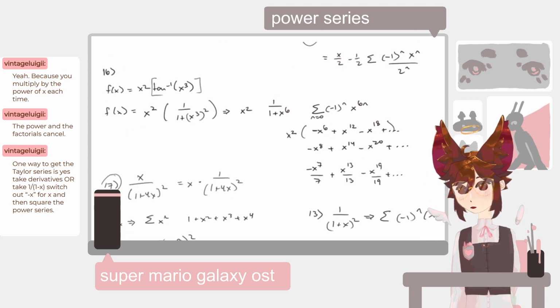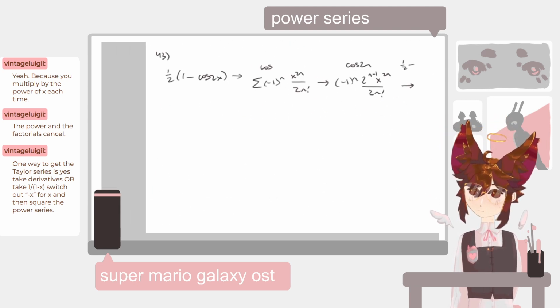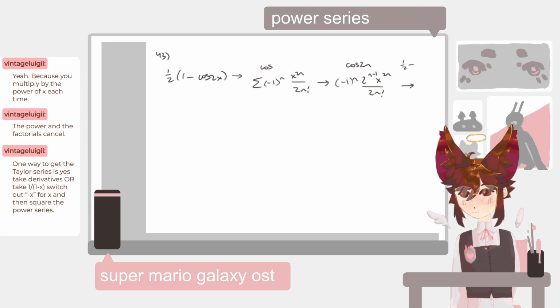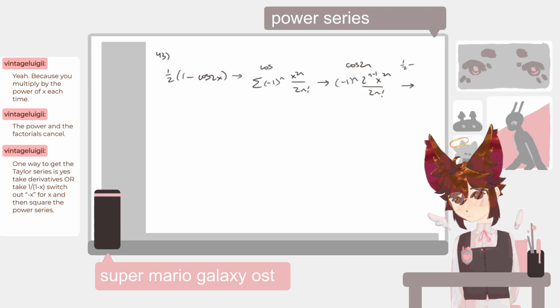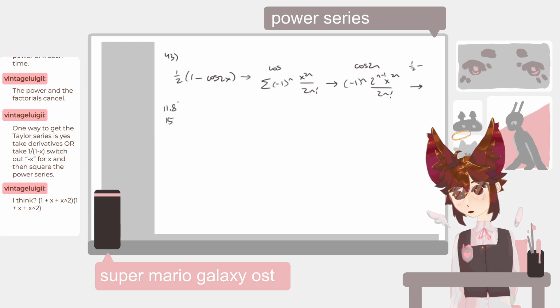Anyway, I think I'm gonna do some radius of convergence because that's a little bit more straightforward. At least I can explain that. Let's see, what are some even ones we can do? I can do a little 15 from 11.8.